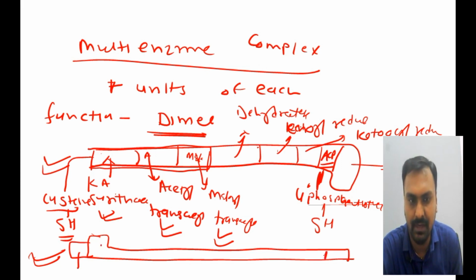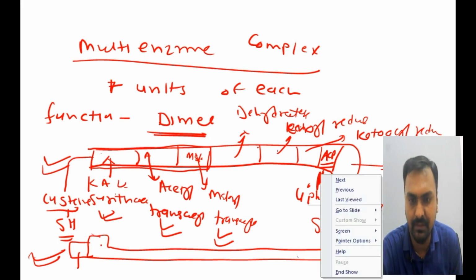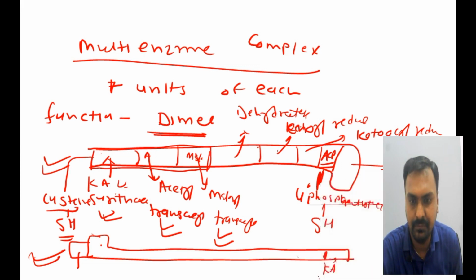Towards the tail side there is the ketoacyl synthase enzyme, then acetyl transacylase, here there is malonyl transacylase, and here the ketoacyl synthase cysteine group is bound with the acid. So this will react with the acid group of the phosphopantetheine.